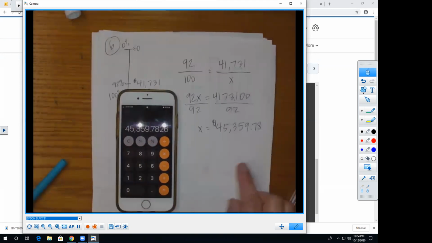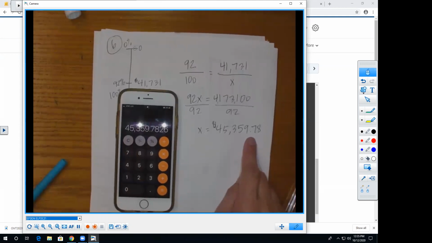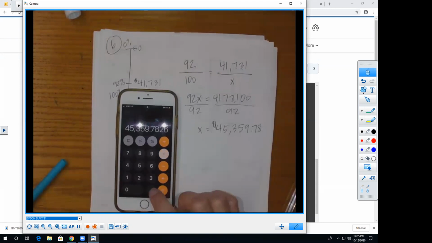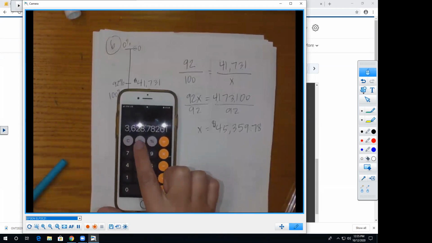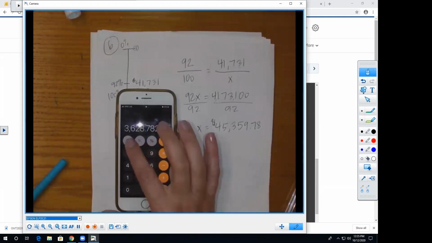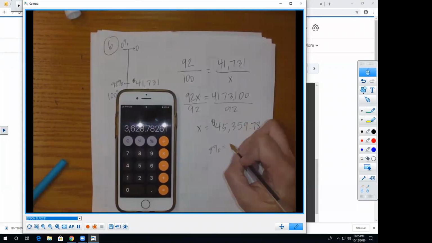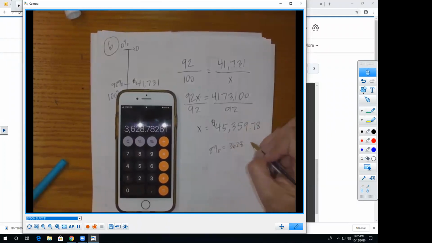And you can check your work here. If I found 8% of this, multiply that by 0.08, 8% is $3,628.78. That's what they're taking off of her salary.